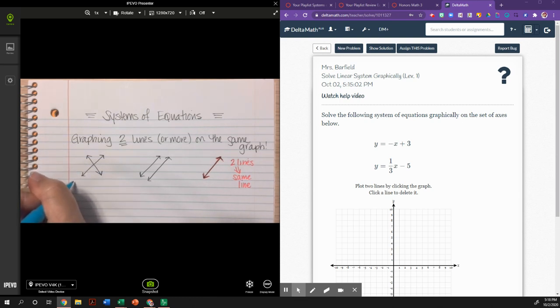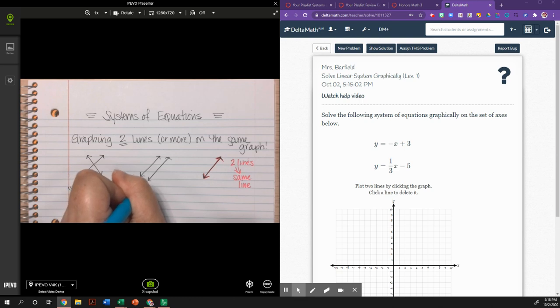You will have two lines that cross or intersect; two lines that never cross, or are parallel; or two lines that are in fact the same line.